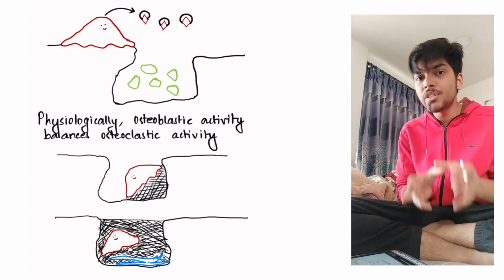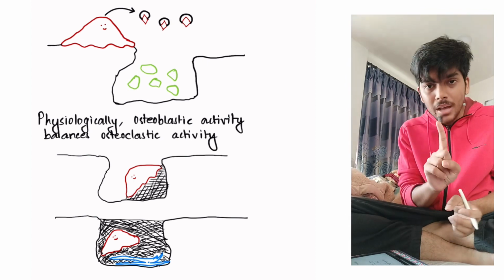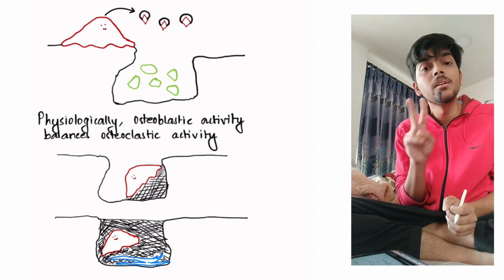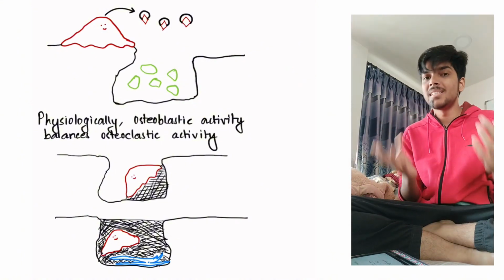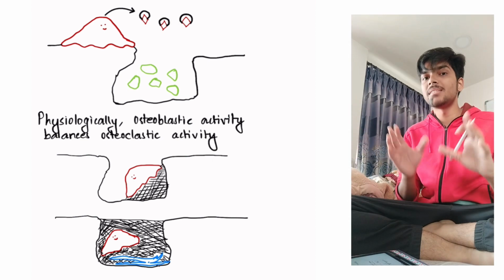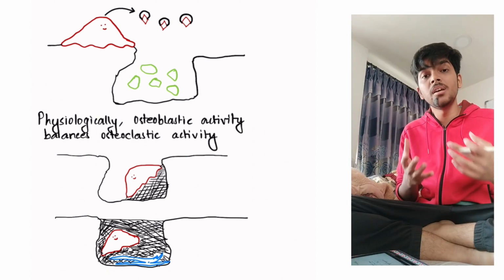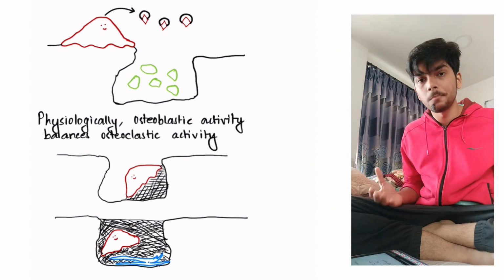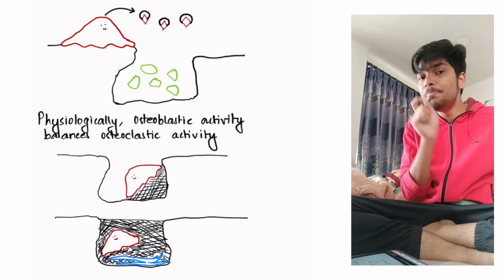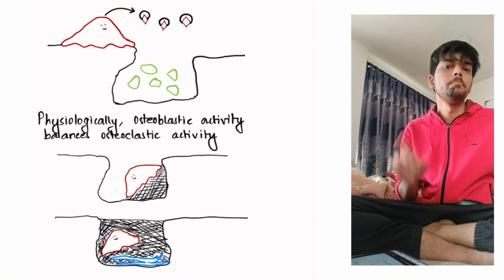So the osteoblast during osteoblastic activity is responsible for two things. Number one, the formation of the bone matrix, and number two, the formation of new bone cells. And this is how the osteoblastic activity balances the osteoclastic activity, leading to bone remodeling in a physiological condition or in a normal bone. Now, the whole process of bone remodeling is dependent on the level of calcium in your blood.